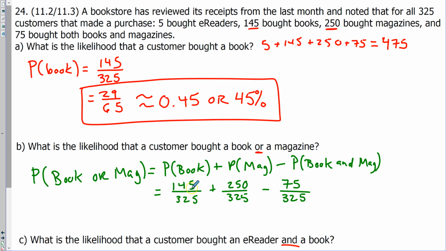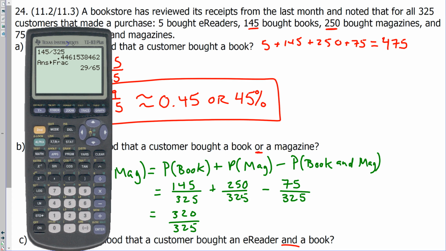So I can just perform the operations adding and subtracting across the top of my fraction since they have a common denominator. So 145 added with 250 minus 75 gets me 320 out of 325. And then similar to our last problem, I want to reduce that.